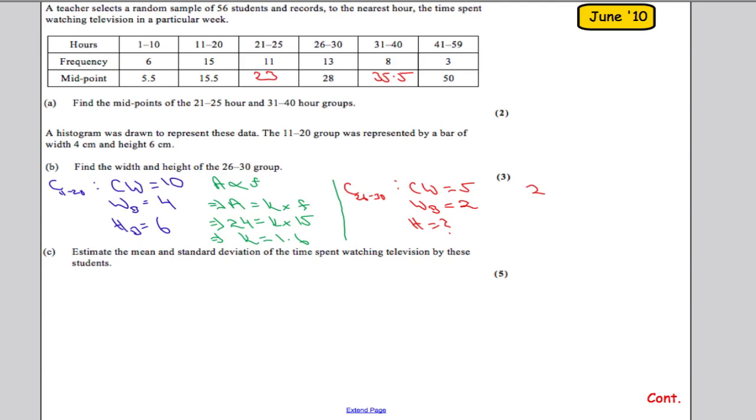So 2, the width, times the height must equal the constant multiplied by the frequency. And the frequency for the 26 to 30 group is 13. So 2h equals 13k.